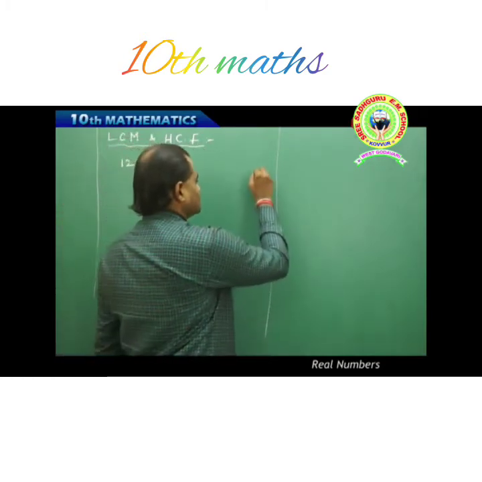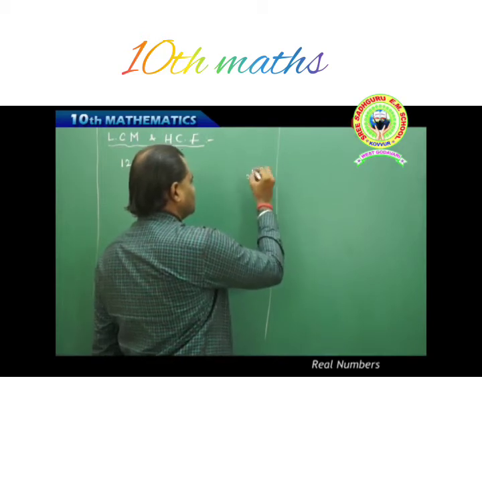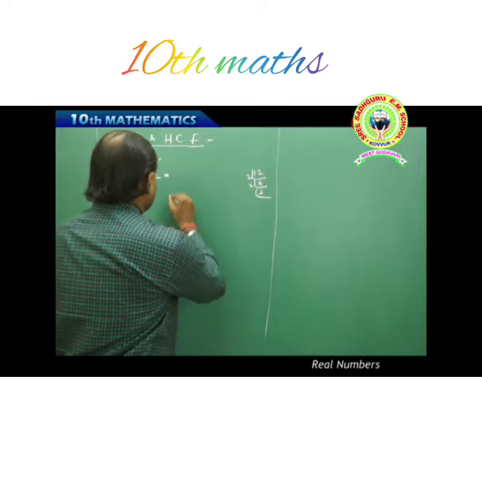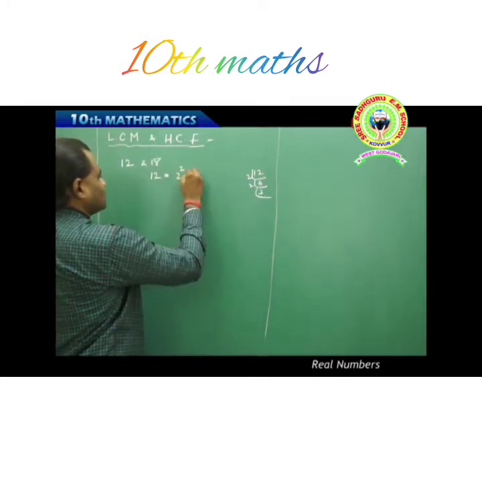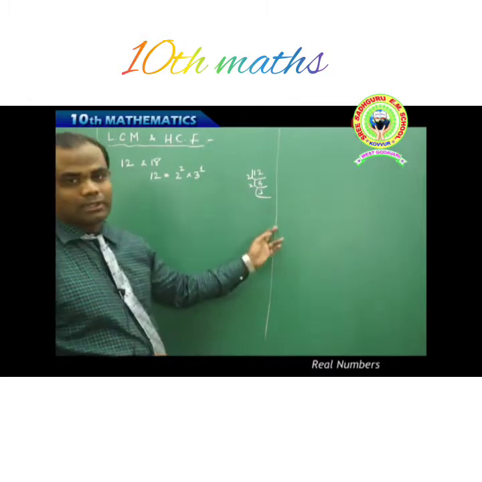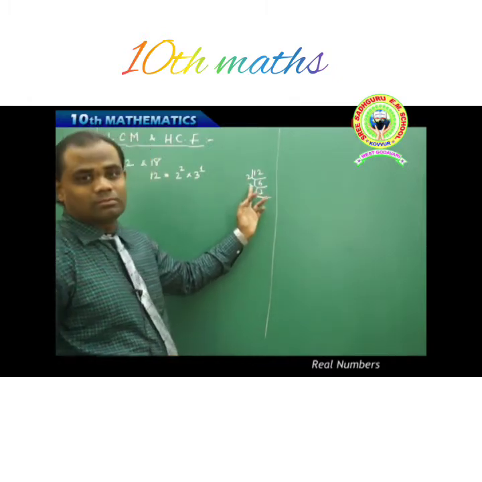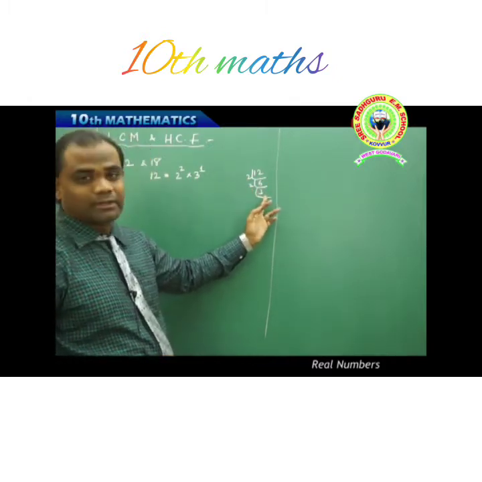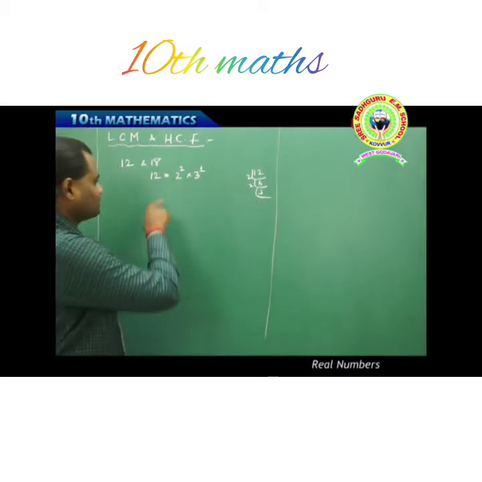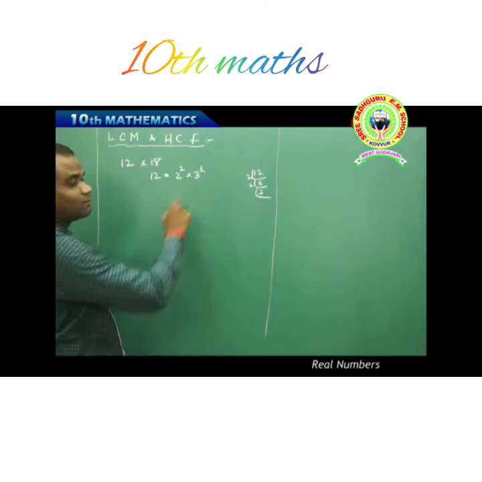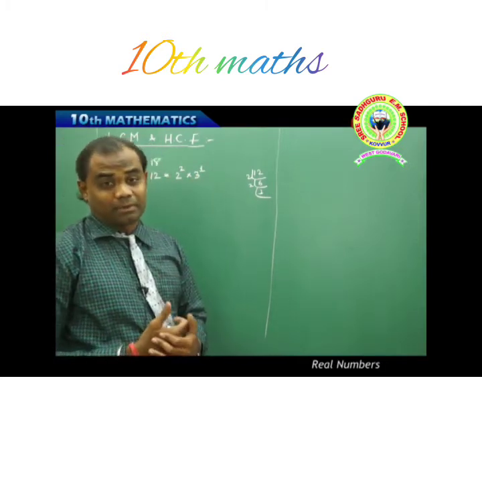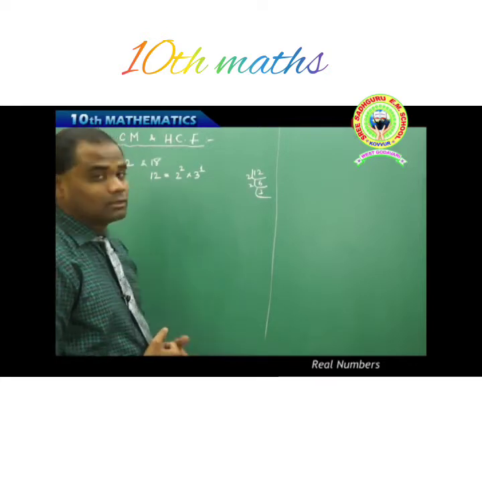As we know, 12, with the prime factorization method, is 2 times 6, 2 times 3, which can be written as 2 squared into 3 power 1, because there are two 2s and then 3. Therefore 12 can be written as 2 squared times 3 power 1, because these are the prime factors for 12.